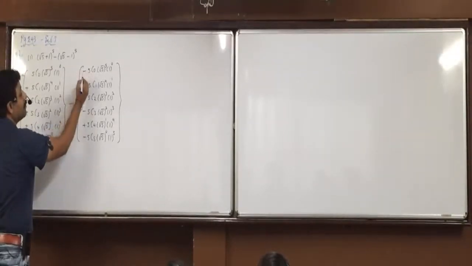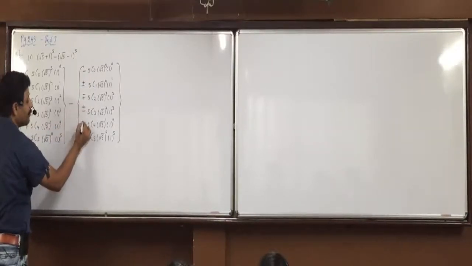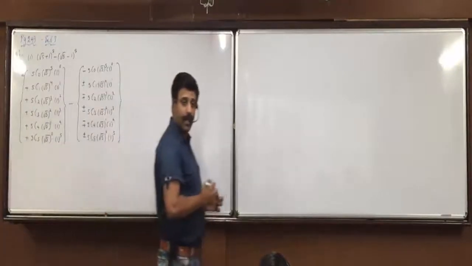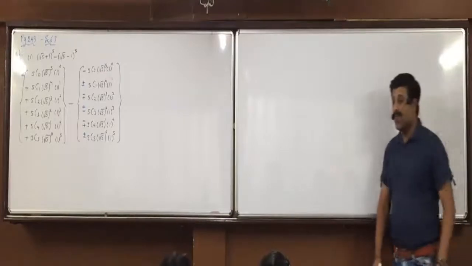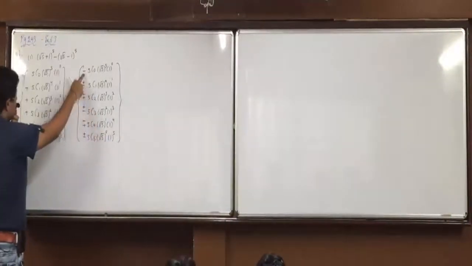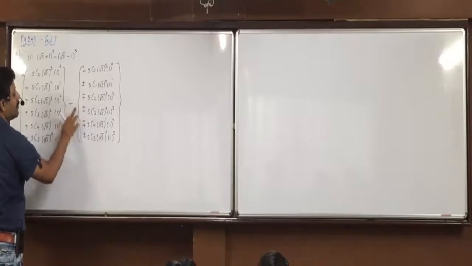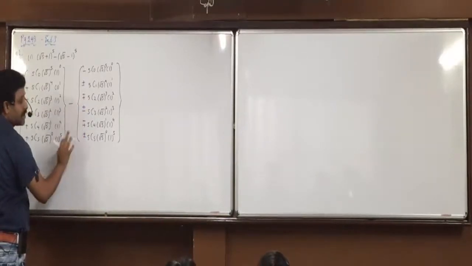This will become minus and plus. If I open the brackets, then minus into plus will become minus. Minus into minus, plus. Minus into plus, minus. Minus into minus, plus. Minus into plus, minus, and minus into minus, plus.